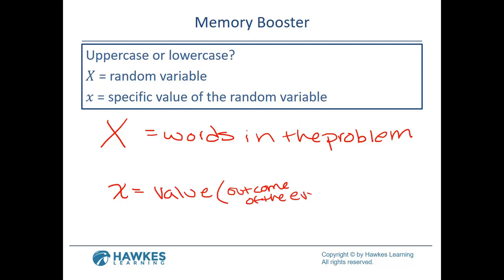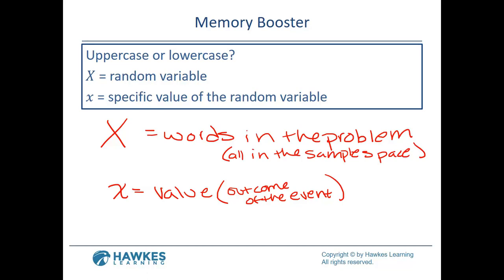Normally these are more in reference to the actual event itself, the specific outcome in the event. The words in the problem refer to all outcomes in the sample space. But because there are so many of them, we only really talk about them in terms of words.